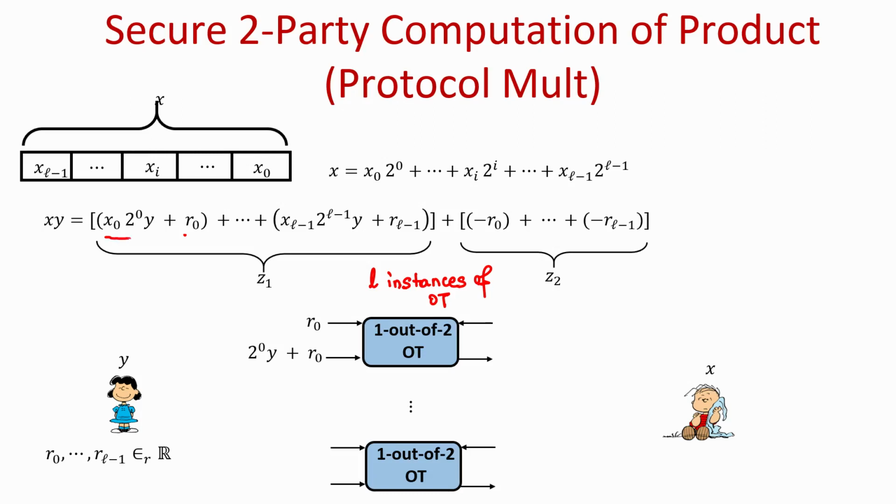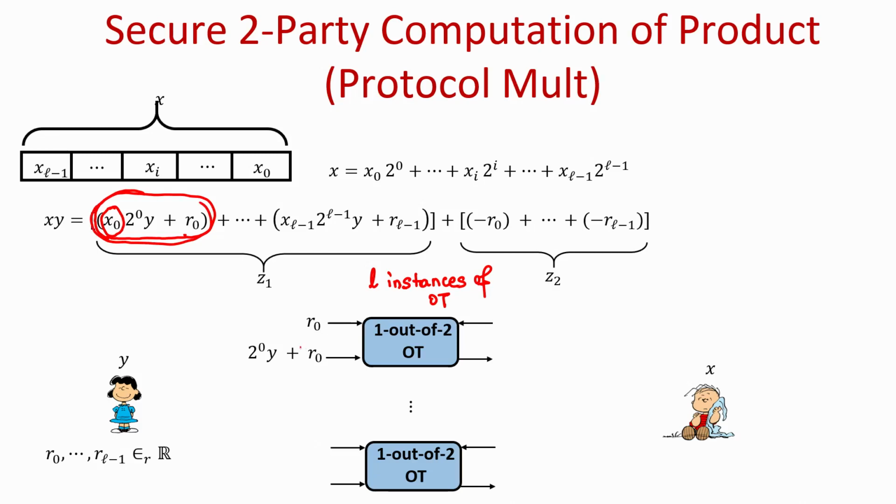We want that the first summand here should somehow go in a masked fashion to the receiver. The x naught portion here is going to be the choice bit, which is going to be fed by the owner of x, and somehow we want this highlighted expression to go as it is to the receiver here.